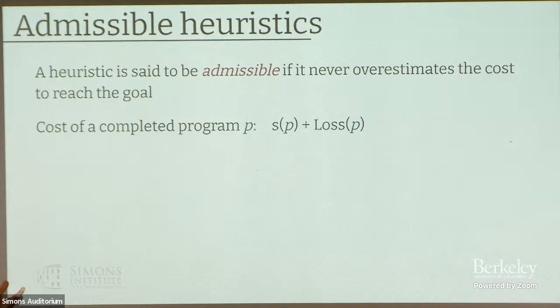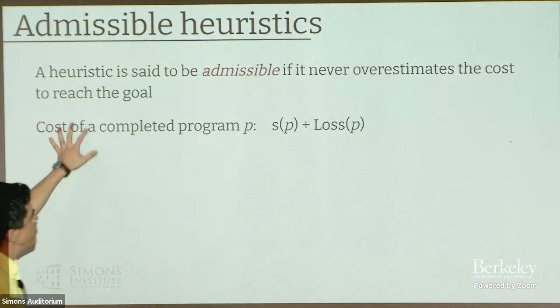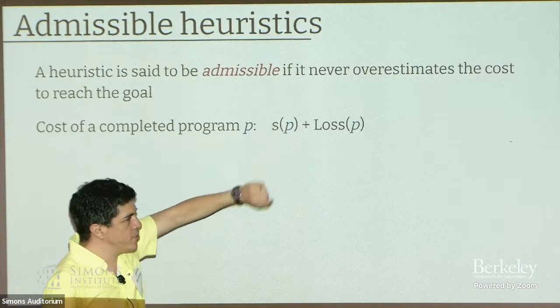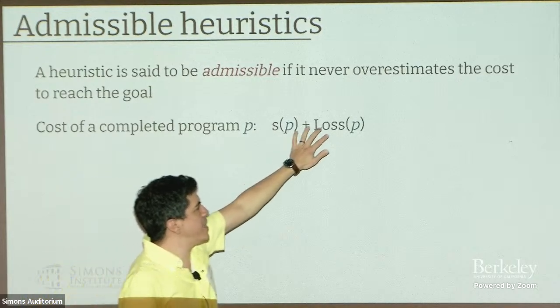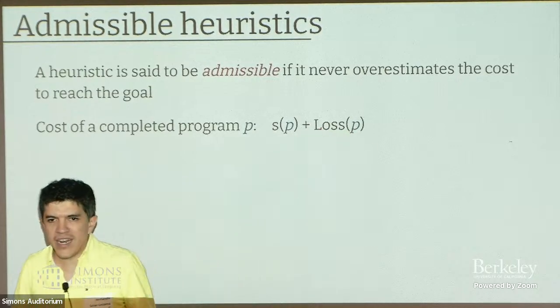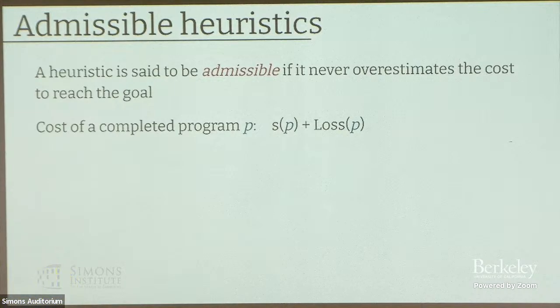You can think of these as maybe a prior over programs that allows you to say, yeah, this program is better than this other program, even if they fit the data just as well. Structurally, maybe this one has lots of branches and I don't like branches, whereas this one is more likely to generalize. So there's some structural cost to your program. And then there is a loss term, an error term that just tells you how well your program approximates the data.